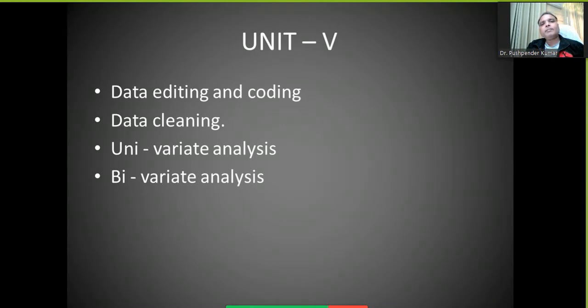And secondly, when you are feeding this data in SPSS, you need to tell SPSS that this data is ordinal or interval or scale, right? So that the computer can understand. So you have one option where you have to codify and tell the software that this data is in this particular form, right?